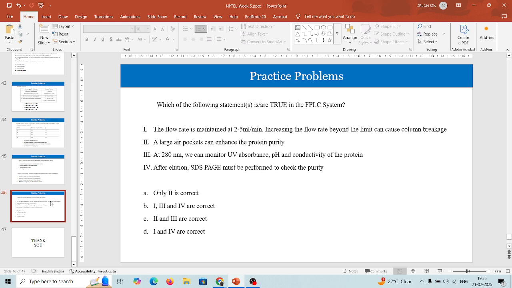So this is a fast protein liquid chromatography. It is also a separation technique for separating out proteins from other biomolecules using liquid chromatography. It is of high performance, and you can use different types of columns intact.